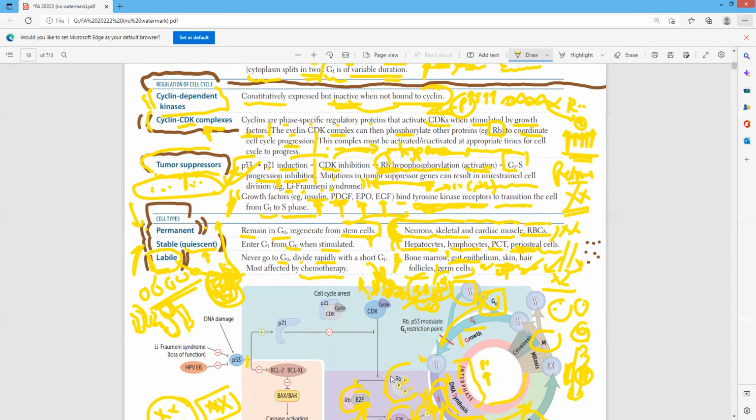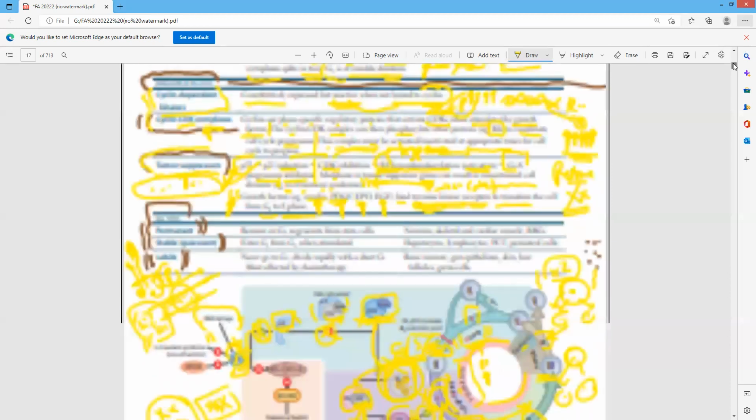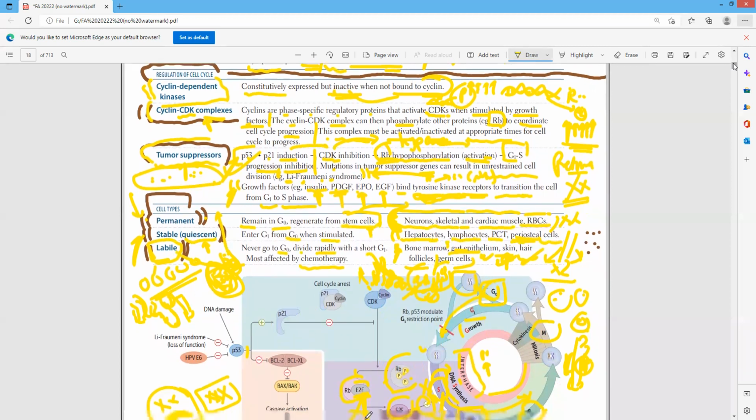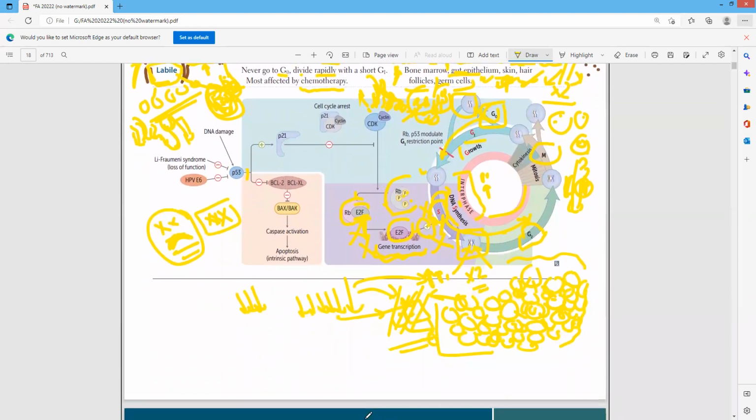You know chemotherapy, we give it to which disease? Cancer. What's the idea between labile cells and cancer cells? They both undergo cell division.